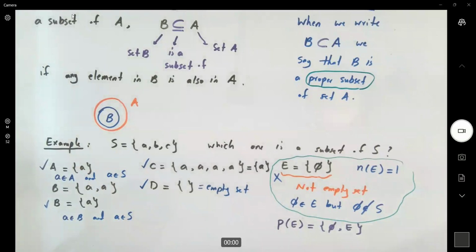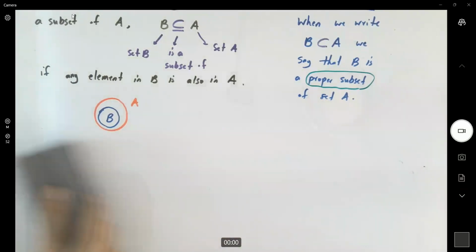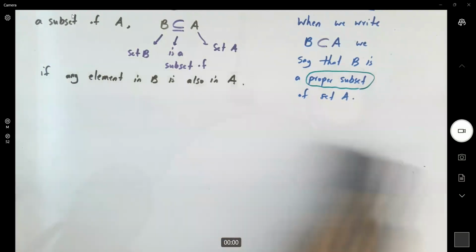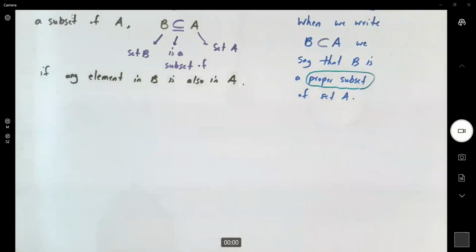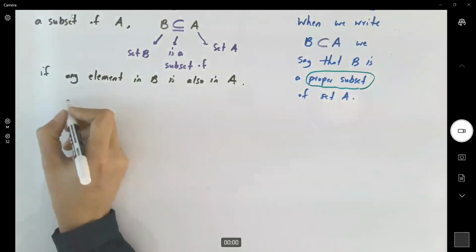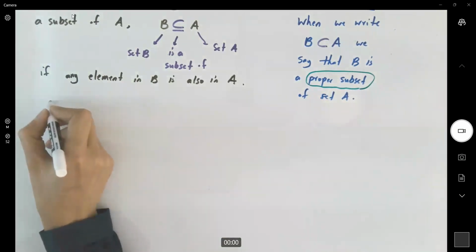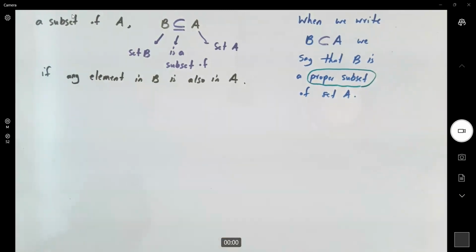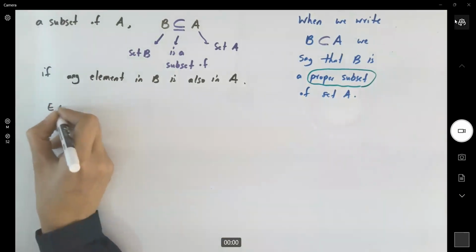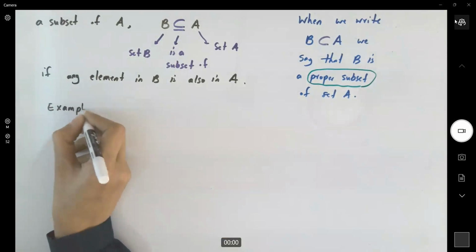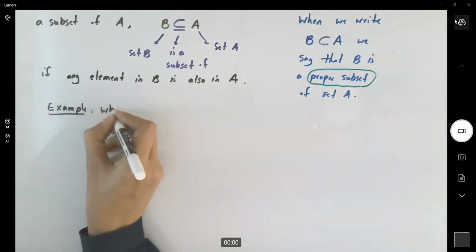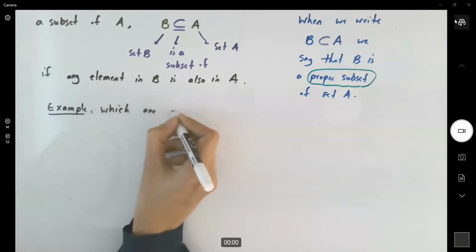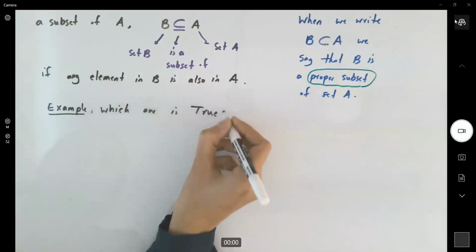Another example. Which one is true? So we're going to see a combination of membership and being a subset here. So let's take a look at this example, this cool example here. Which one is true?